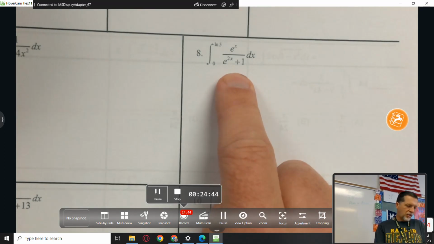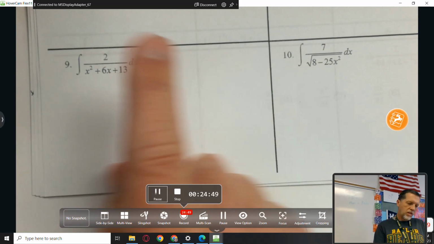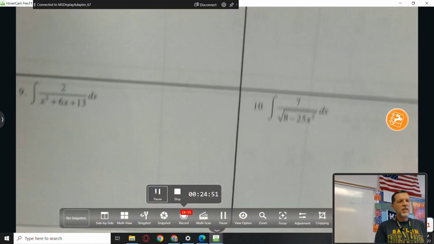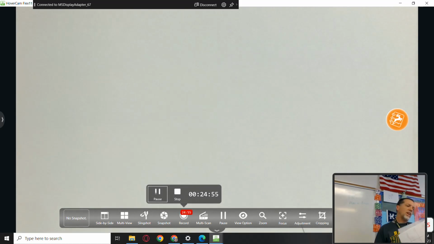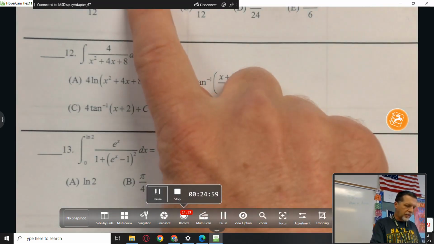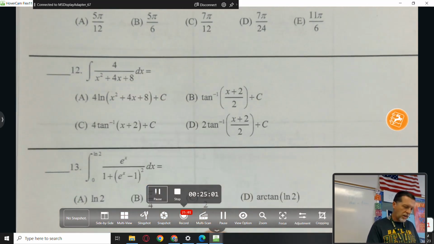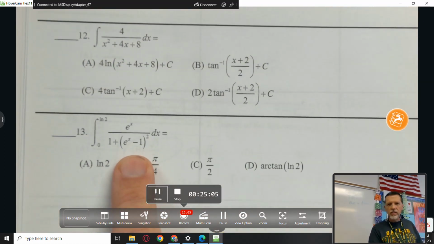That looks like tangent. There's a complete the square. Tangent, sine. So I haven't seen any arcsecants yet. That looks like a sine. That's a complete the square. That looks ugly.